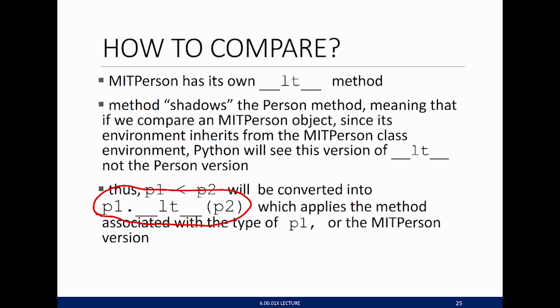It says P1 dot less than of P2. Long string. It basically says from the P1 object, get the less than method. I just said because it's an MIT person, it will get that version of the method. And then it's going to apply it to self, which is P1 and P2. And it will do the appropriate comparison because these are 2 MIT people objects. It's going to use the less than method appropriately on that, comparing ID numbers.